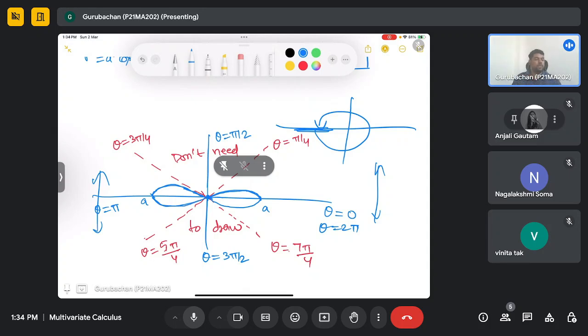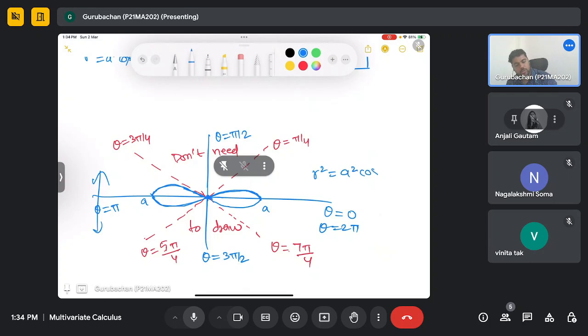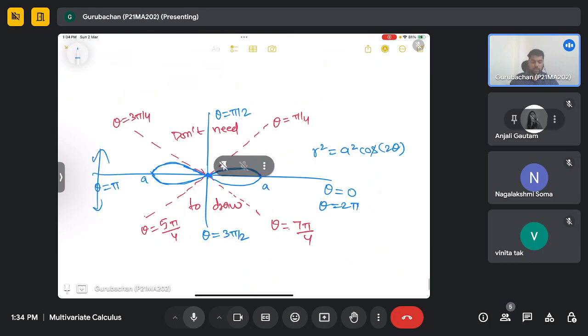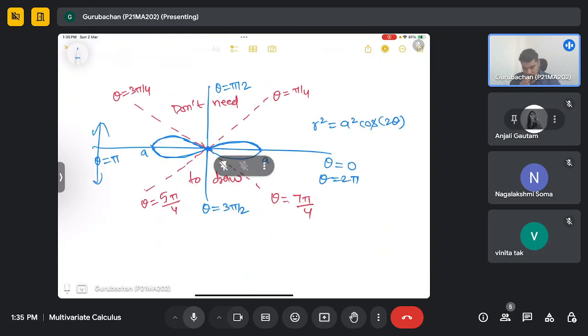So this will be our figure of r square equal to a square cos 2 theta. So this is the last question of today's session.